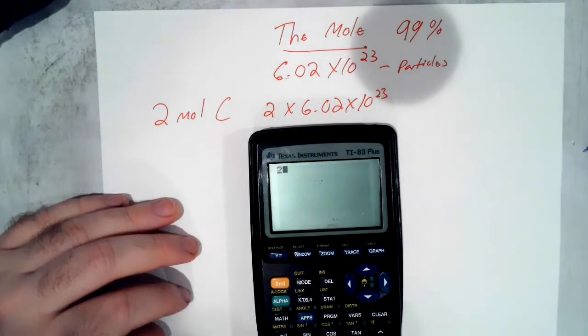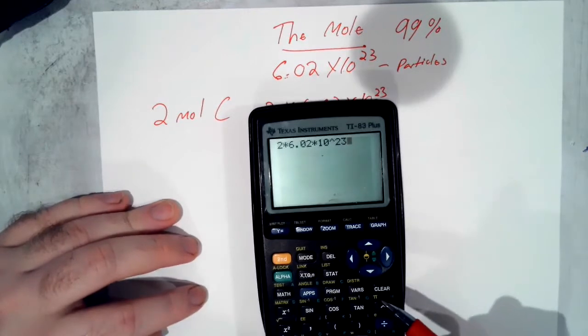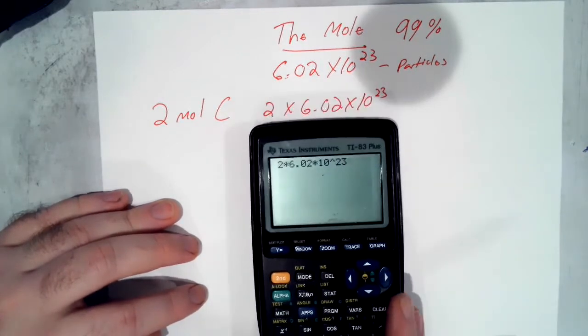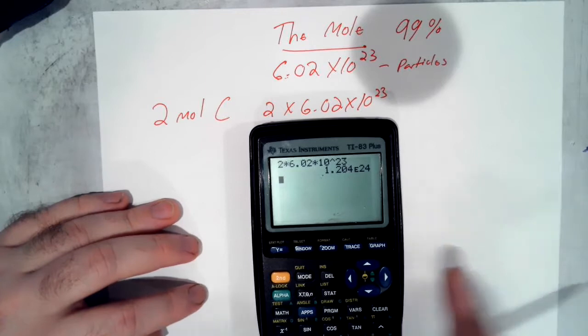Okay, but how do you do this? Well, we're going to take this 2, multiply it, 6.02 times 10, caret symbol, 23rd. A caret symbol is just the "to the" symbol right there. So what does this mean?